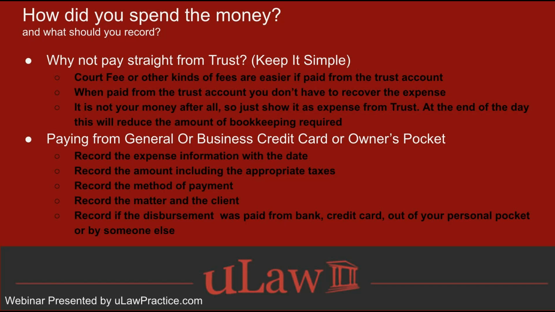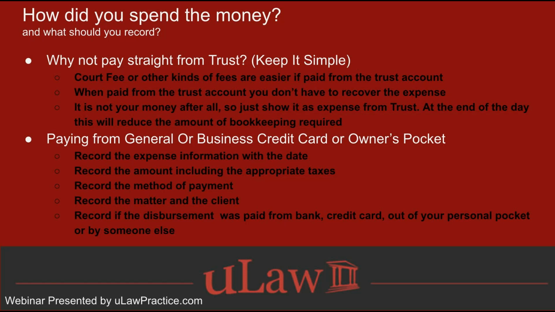Now, besides this, there are a few things that you have to consider. Number one, why not pay straight from trust? Why does it have to be from general? Because the Law Society has imposed certain regulations saying that if you're paying from general, it can be anything.